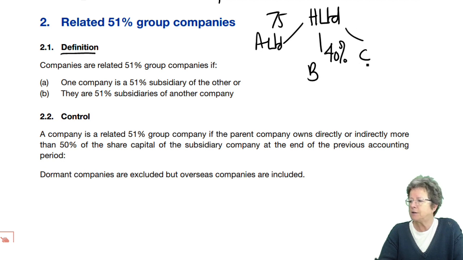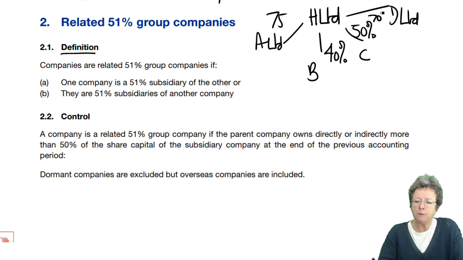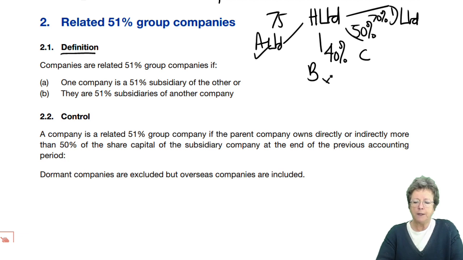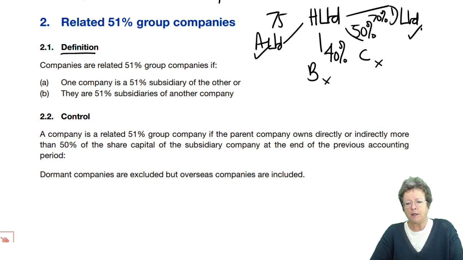C Limited, let's go for 50% on that one. And let's go for D Limited and let's go for a 70% holding on that one. Okay. So 51% A, not B, not C, D. Okay, see how that works?